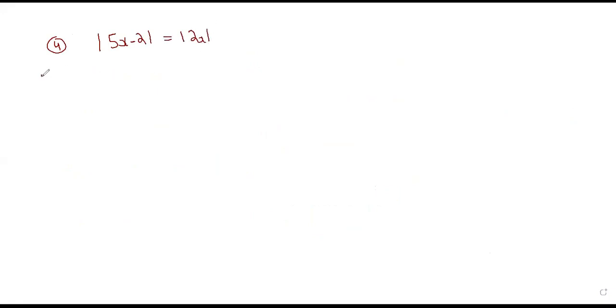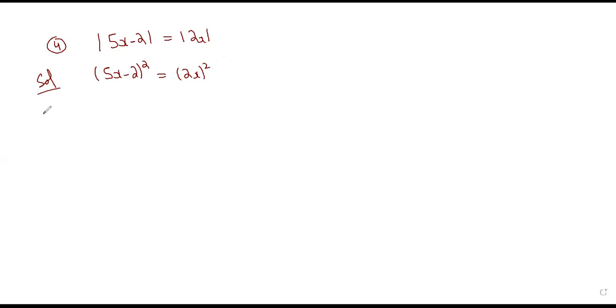Again, I will be solving this by squaring both sides of the equation. So (5x − 2)² = (2x)². It's simple. We don't know how to solve a modulus equation, but we know how to solve a quadratic equation. We can just convert the modulus equation to a quadratic equation by squaring both sides.